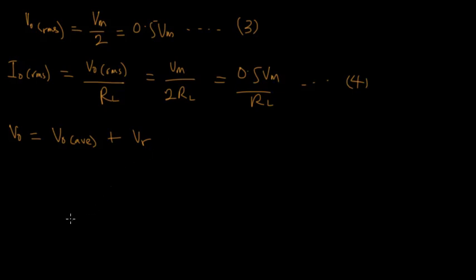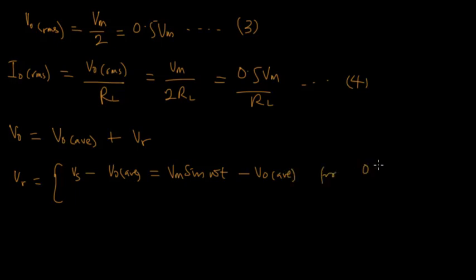The instantaneous ripple voltage Vro can be expressed as Vs minus Vout average, which is Vm sine omega t minus Vout average for 0 less than or equal to omega t less than or equal to pi, or minus Vout average for pi less than or equal to omega t less than or equal to 2 pi. So that is the instantaneous ripple voltage Vro.